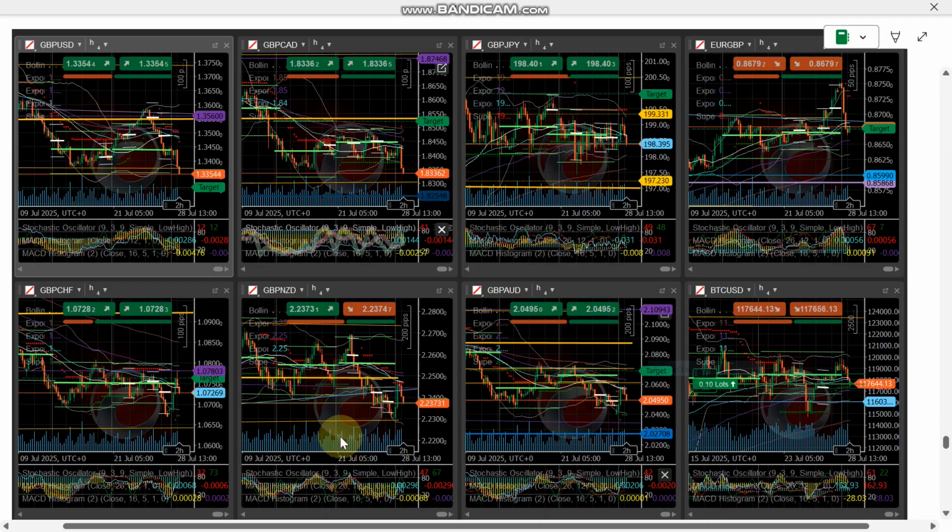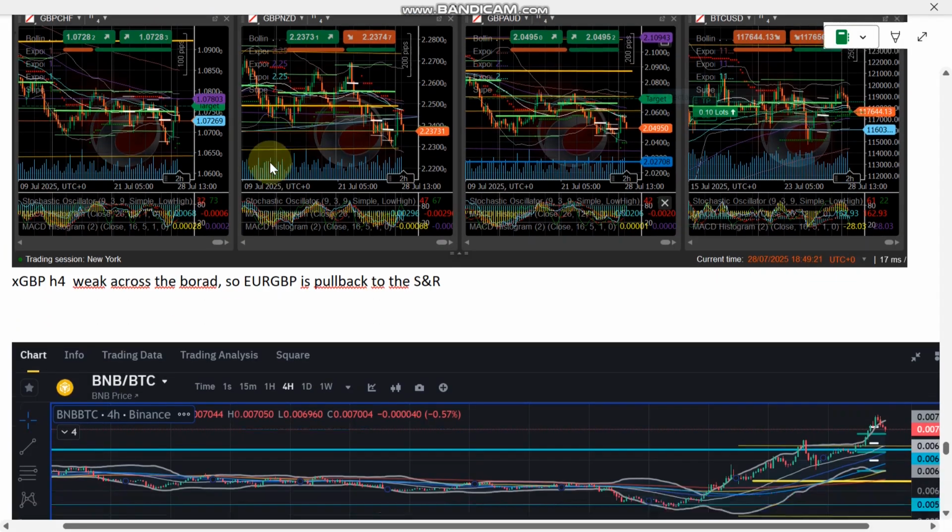GBP New Zealand following up. This already broke through the 1 hour, 4 hours lower band, but came back inside. GBP Swiss franc coming back inside and dropping back again. Okay, GBP is weak for this chart.